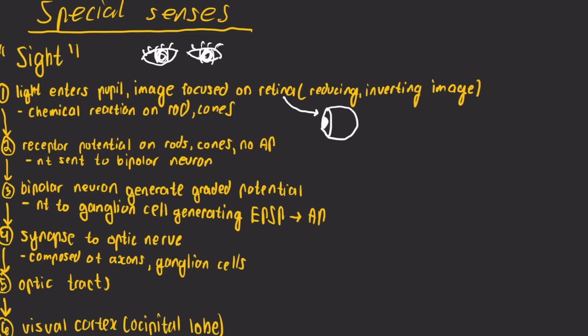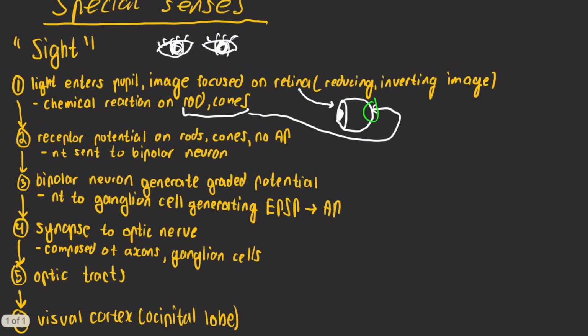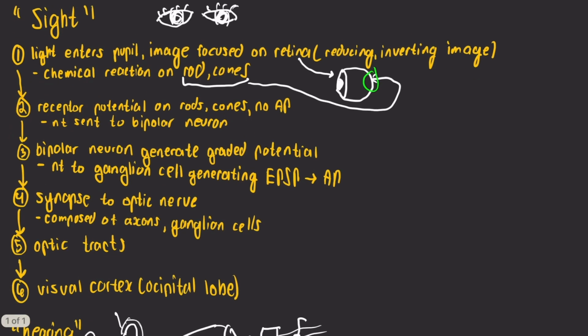Then when that light enters the rods and cones, which are found somewhere in this space of the eyeball, those rods and cones go through a chemical reaction that generates what we refer to as a graded potential for our special senses, and that is a receptor potential. So that will be here in step 2. The receptor potential occurs on these rods and cones.